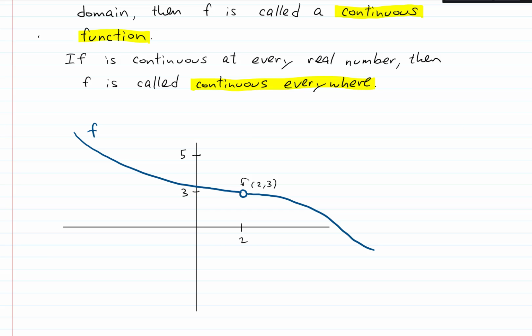No. All of the other numbers are in the domain of this function, and the function's continuous at all the other numbers. So this function now, the way it's drawn, is continuous at every number in its domain. So it is called a continuous function. And that has, again, nothing at all to do with whether or not you can graph it without picking up your pencil.